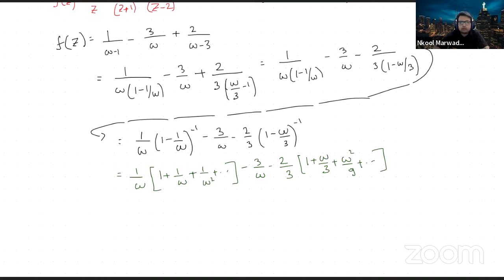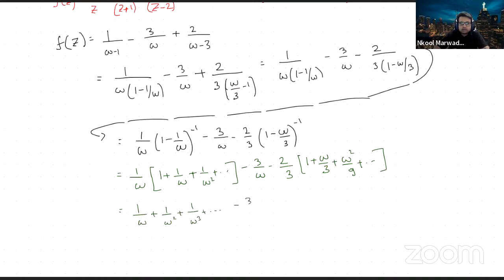Now I will multiply this 1 by omega inside this. It will become 1 by omega plus 1 by omega square plus 1 by omega cube plus dot dot up to infinity. And this minus 3 by omega also I will include here.